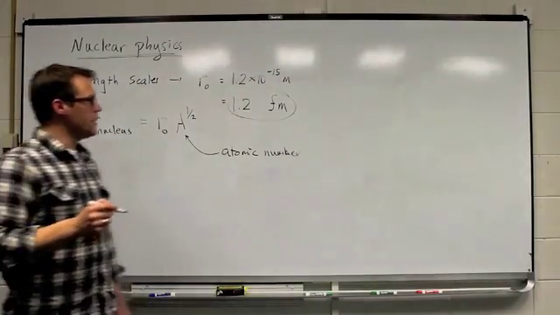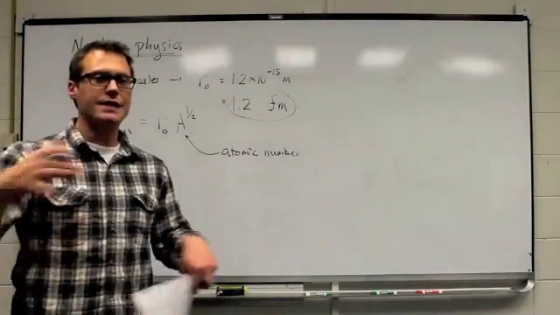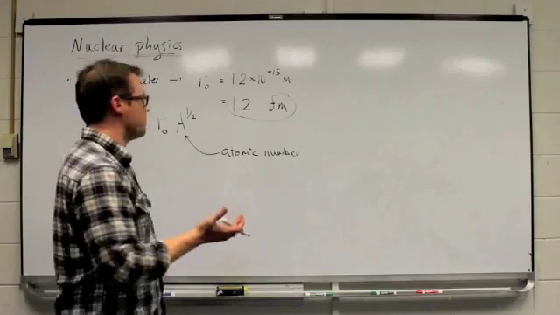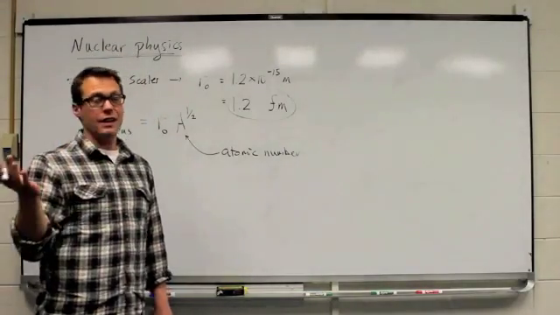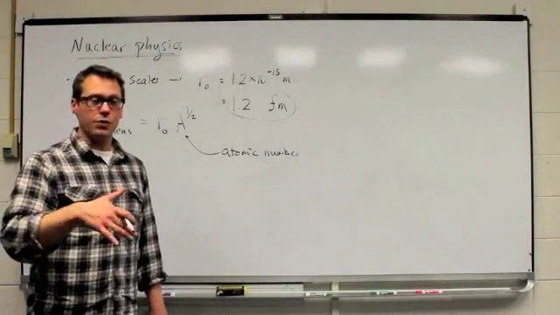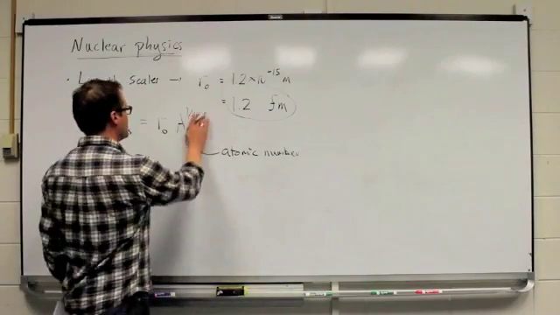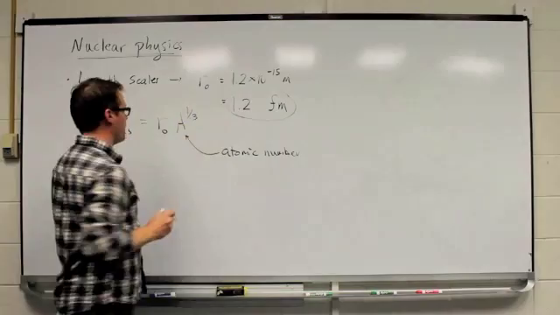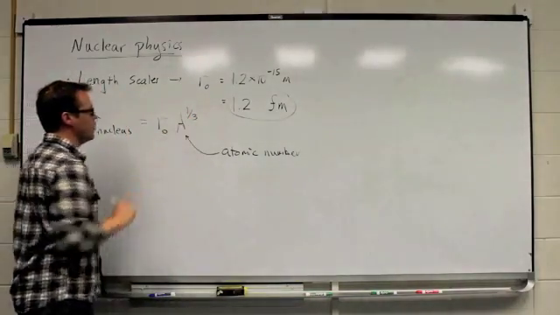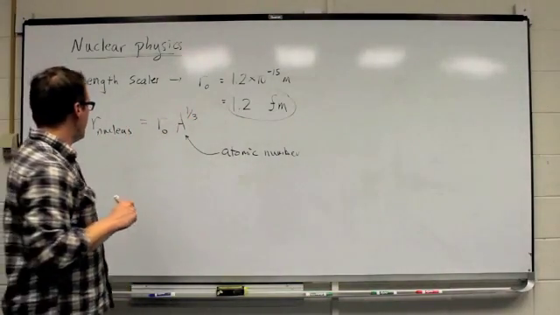It's just the total number of protons and neutrons in the nucleus. So, for example, for lithium, which has 3 protons, 3 neutrons, that would have a mass number of 6. Actually, this shouldn't be 1/2. This should be 1/3. Excuse me. So it's R0 times A to the 1/3, not the 1/2.